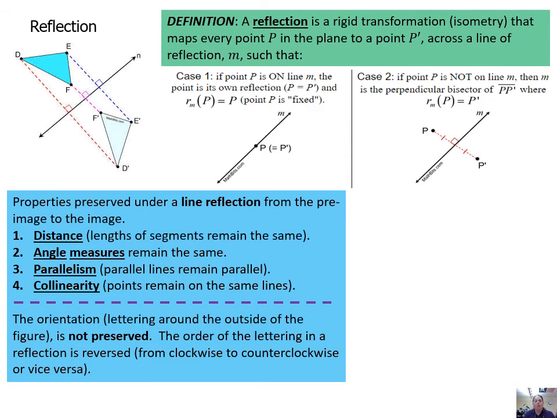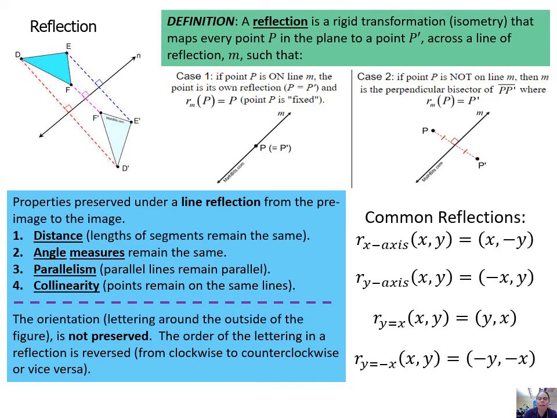And again, it preserves distance, angle measures, parallelism, and collinearity. The orientation of the lettering, though, is not preserved. It's usually reversed, clockwise to counterclockwise or vice versa.